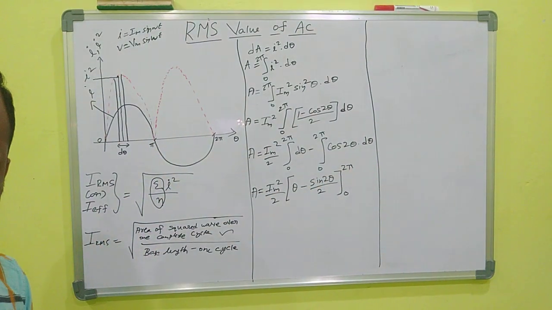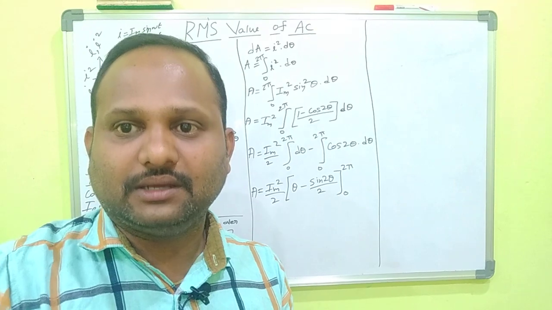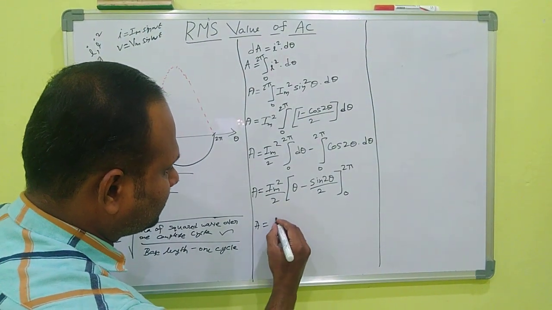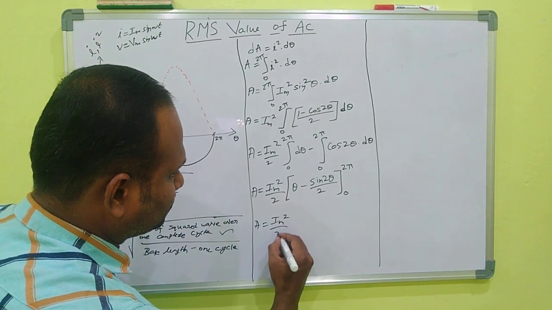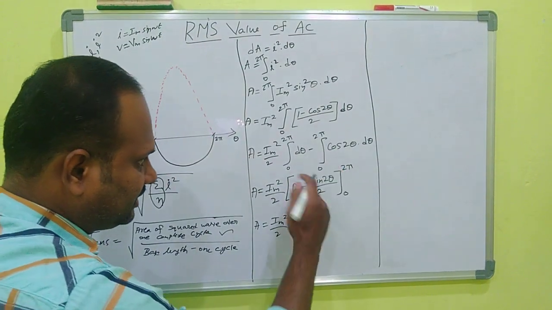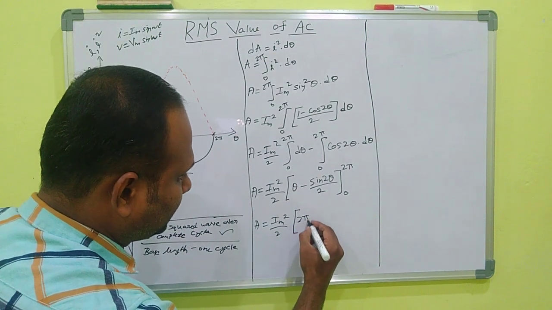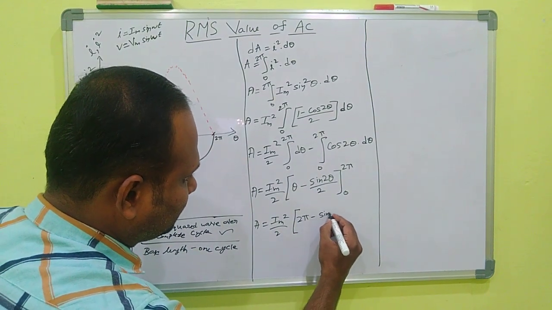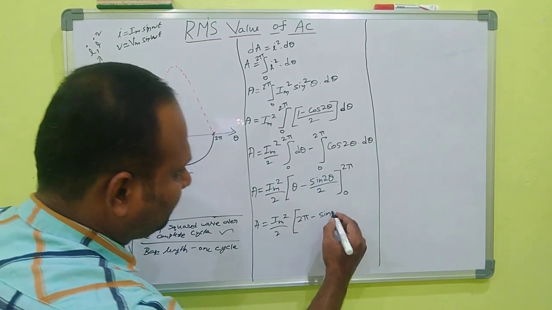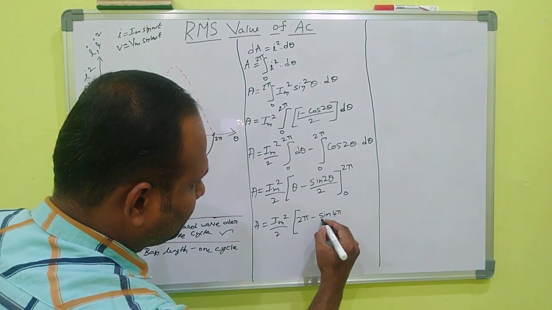Then the next step is applying limits inside the values. So Im square by 2, first apply the upper limit. Instead of theta, here we write 2 pi, minus sin 2 into theta. Theta means here 2 pi, so 2 into 2 pi, 4 pi, sin 4 pi by 2.